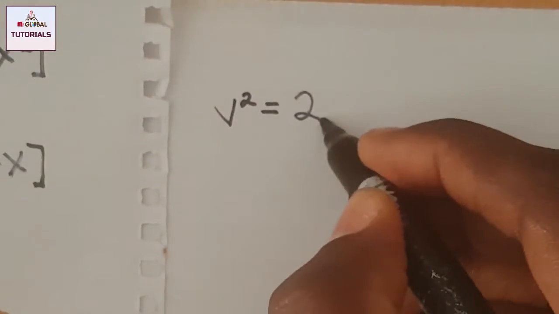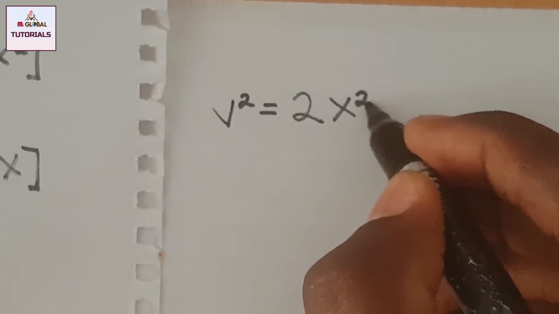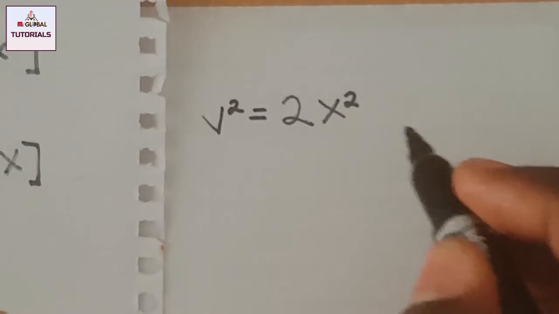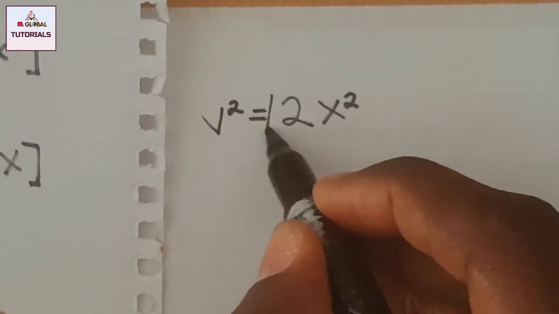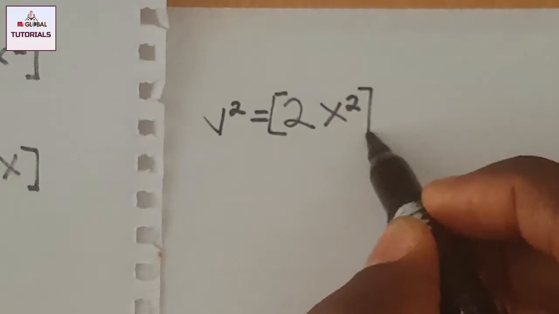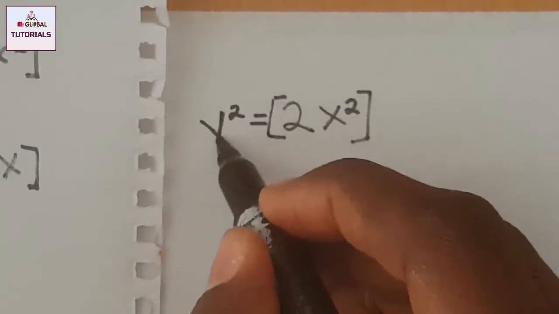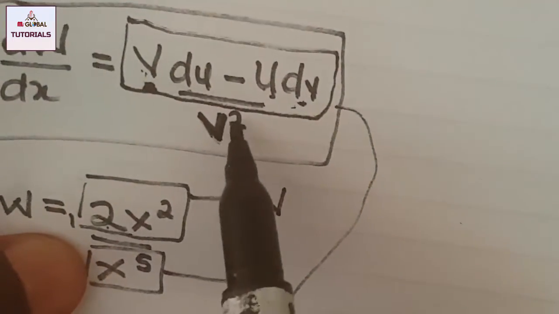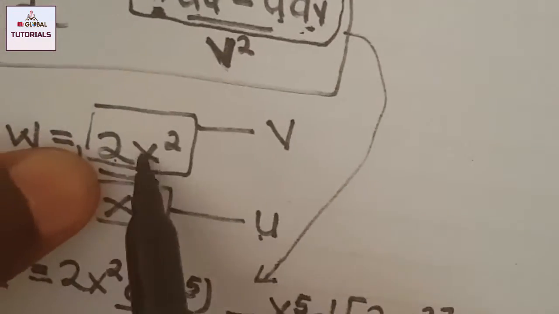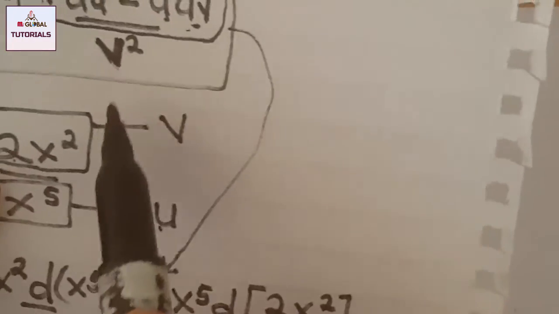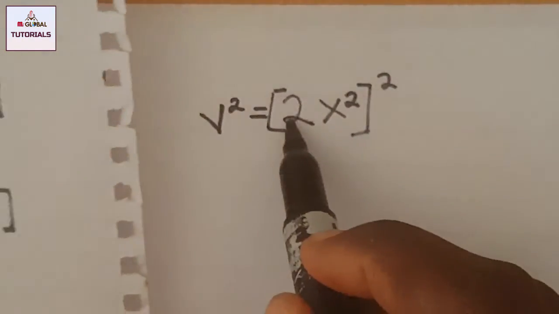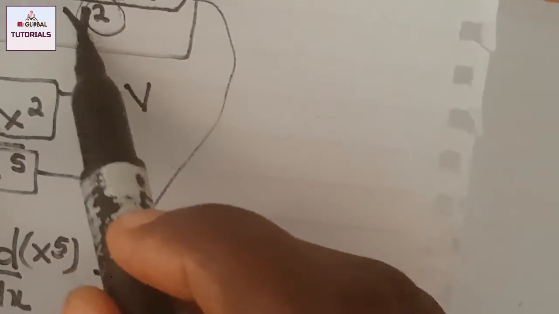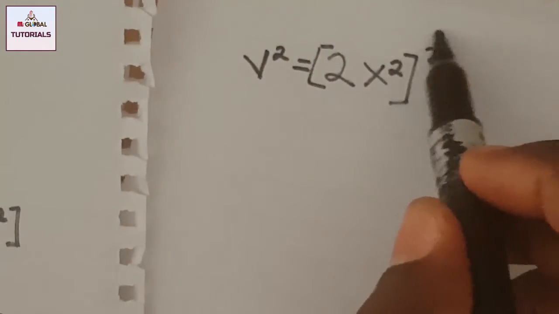And the formula says v squared, so we have to square it. As you see it here, it's v squared. And if v is 2x squared, then we still have to square it.